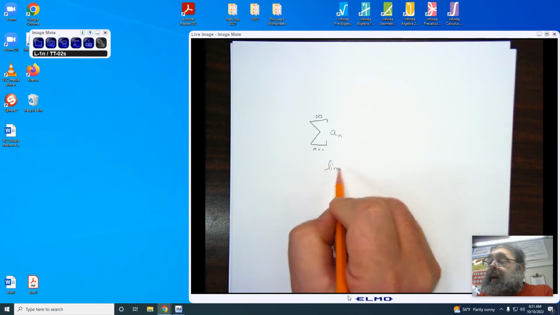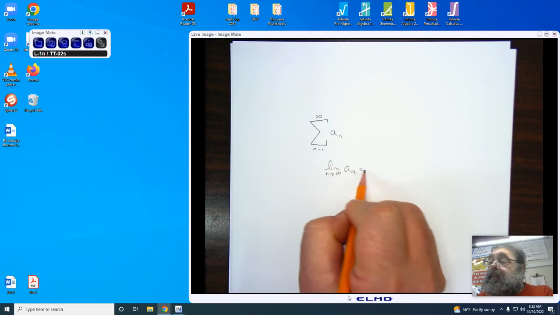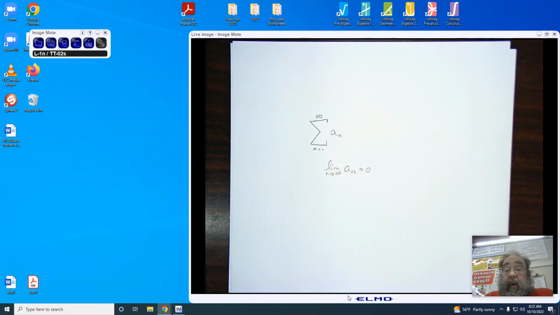The limit as n approaches infinity for a sub n must approach 0 in order for us to have monotonicity. Now, this is the first basic concept that we saw, and this is what we have to start with.